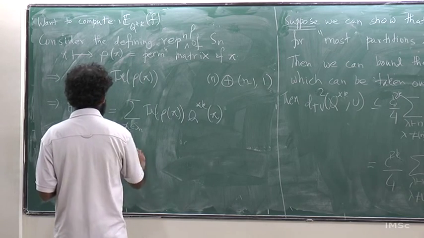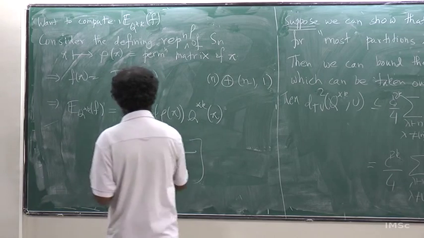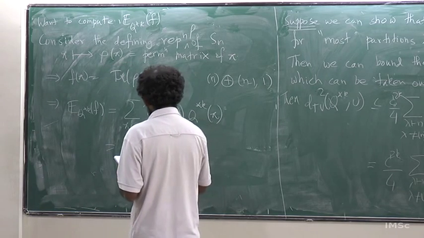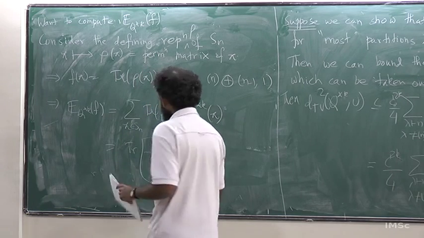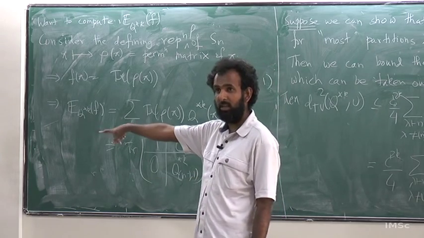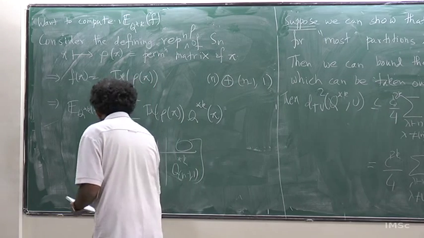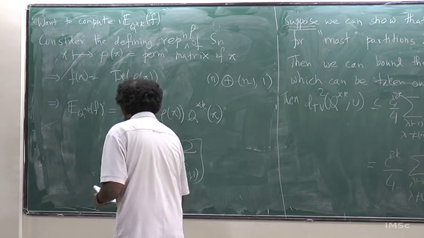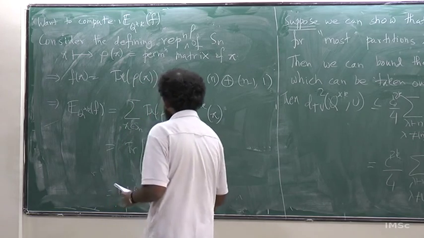You get a block diagonal decomposition with a 1 by 1 matrix here, and I have q star k of (n minus 1, 1). For this partition, we already calculated how q star k looks, that was the first term over there. So this is exactly 1 plus (n minus 2) times (1 minus 1 by n) to the k. Okay?